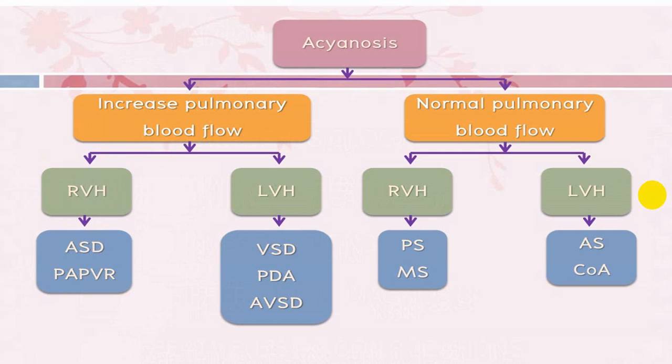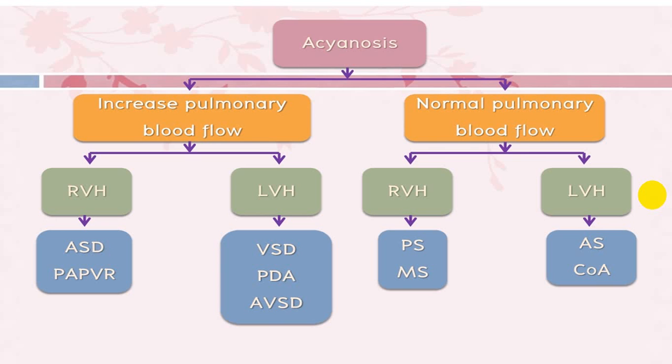So in an acyanotic heart disease, you can divide into two big groups: with increased pulmonary blood flow and with normal pulmonary blood flow. Increased pulmonary blood flow will be very common in ASD, VSD, PDA, and atrioventricular septal defects.